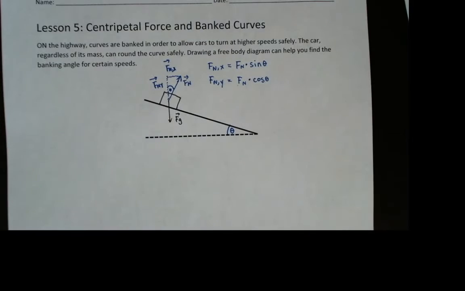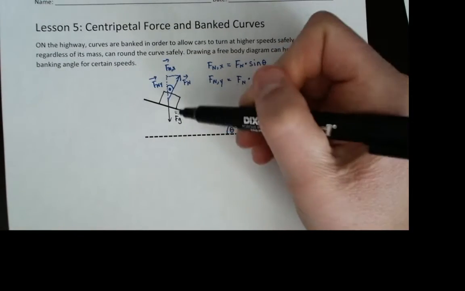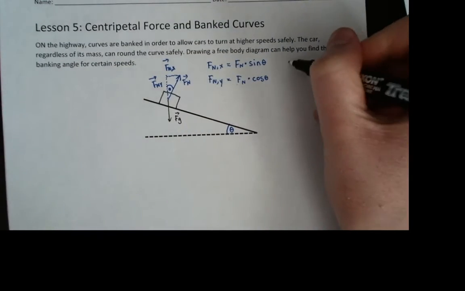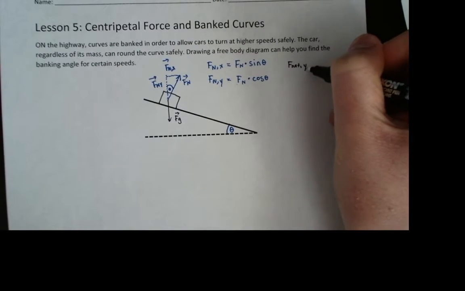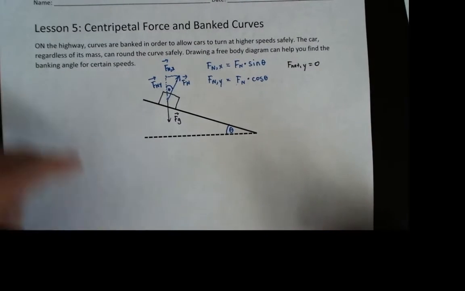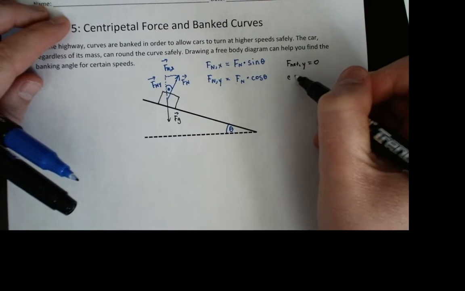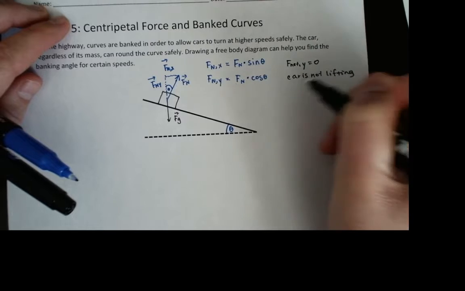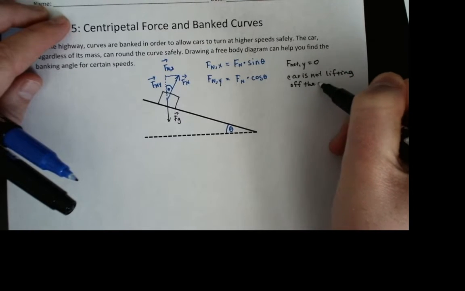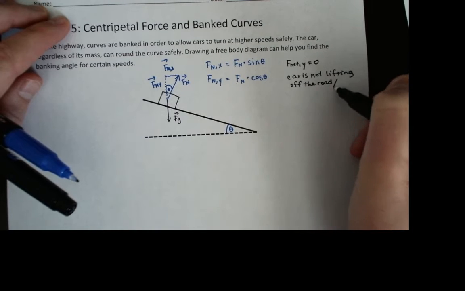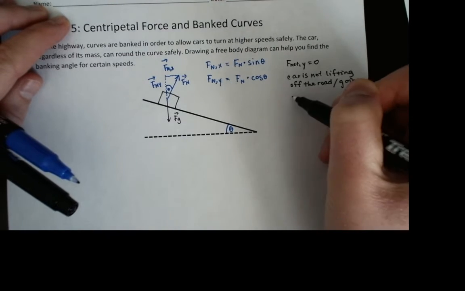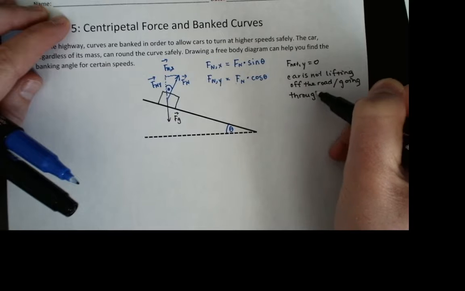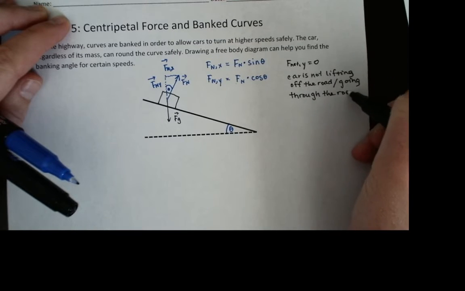In this scenario, our forces should balance out. Our net force in the y direction, the upper and downer forces, should be equal. So F net in the y should be 0, because the car is not lifting off the road, or falling through the road.